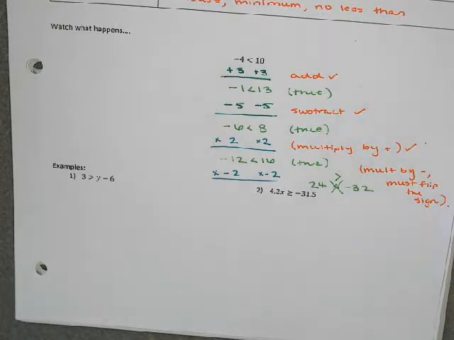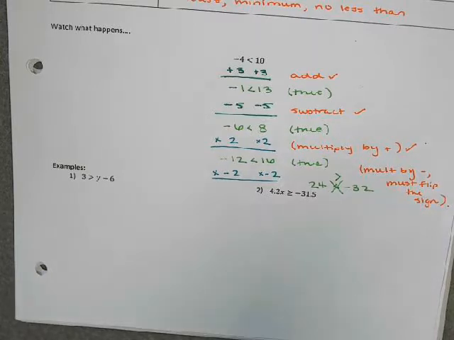So wherever those numbers are at, they're going to flip-flop. The one on the left is going to become the one on the right, and the one on the right becomes the one on the left, which is why you're going to have to change that greater than or less than sign to the opposite one. Does that kind of make sense? Does that ring a bell from back in Algebra 1 when you did inequalities?